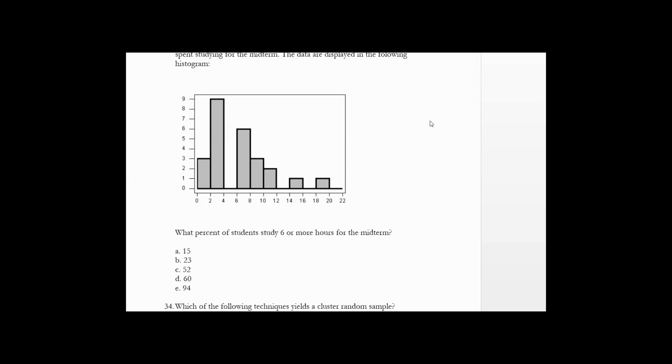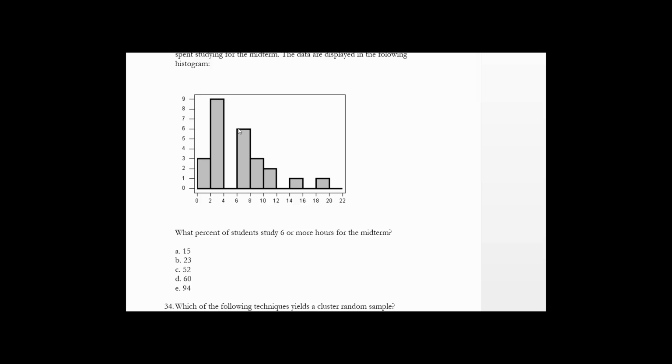What percent of students are studying 6 or more hours for the midterm? Well, in this one, you really, first of all, just have to do some counting. We have 25 students, and there's 2 ways you can do this. It's this 6 or more. That's going to start here and go up.